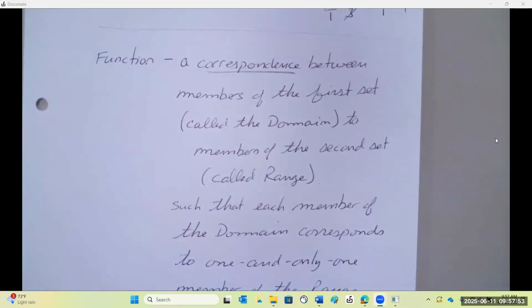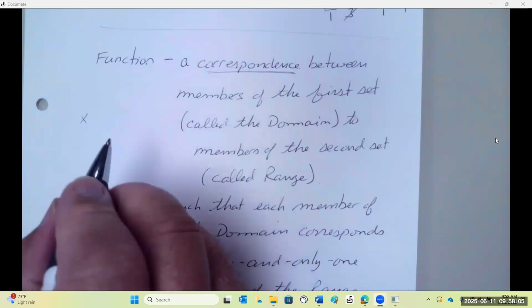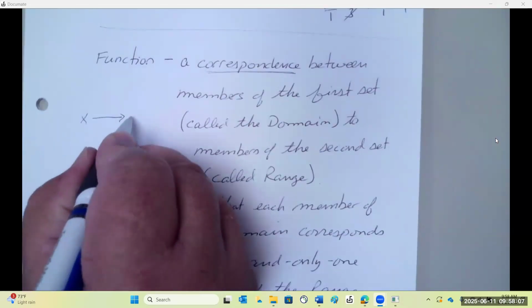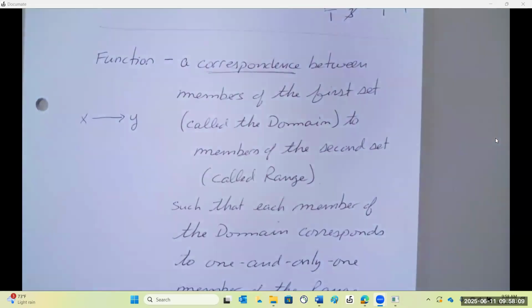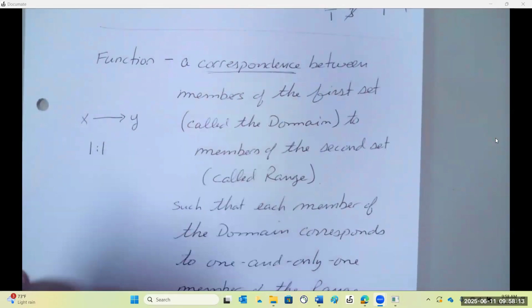You can send copies. No, it has to be the same letter. Can that same letter go to two different people elsewhere? No, it's one to one. That's why it's correspondence. The person here sends a letter, a correspondence, to a person there. That's what we call one to one.